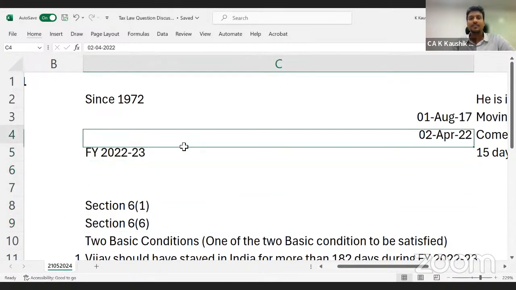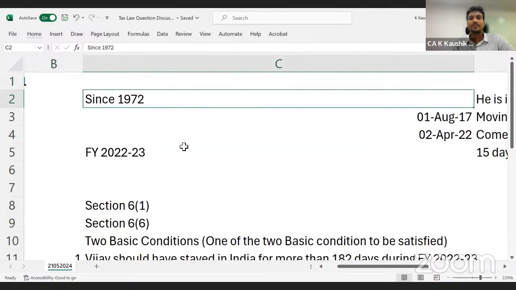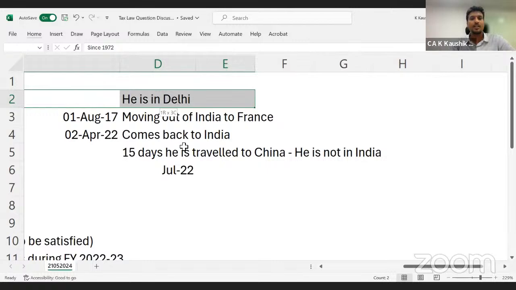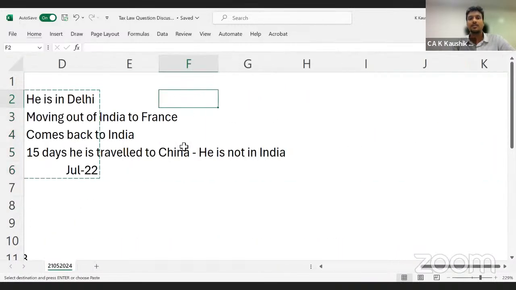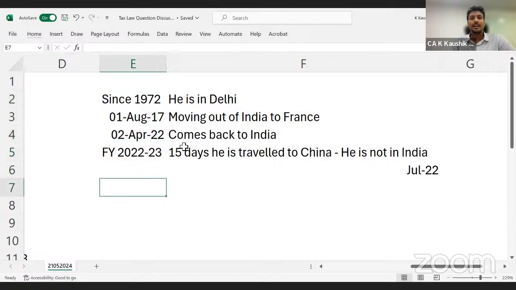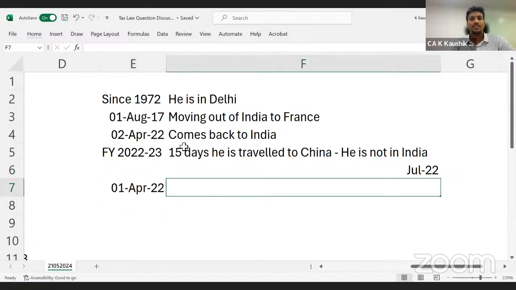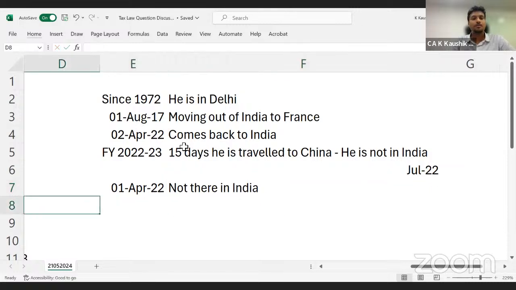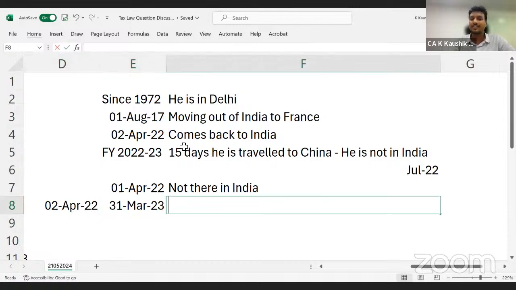Now, if we see the facts that we collated here, what does this look like? In 22-23, 1st April 2022 he is not in India. From 2nd April 2022 till 31st March 2023 he is in India.